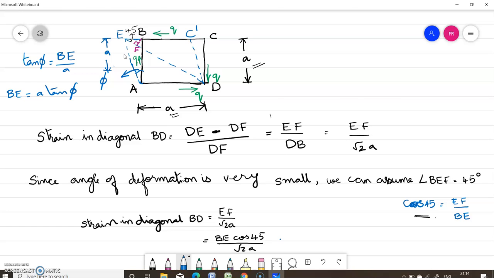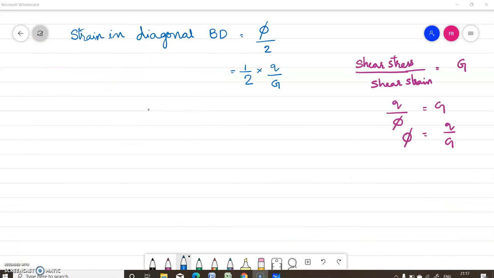You can substitute here A tan phi into 1 by root 2, divided by root 2 into A. So this is equal to 1 by 2 tan phi. For very small angles we can take tan phi equal to phi, so this becomes phi by 2. So now you have got the relation: strain in diagonal BD equal to phi by 2.